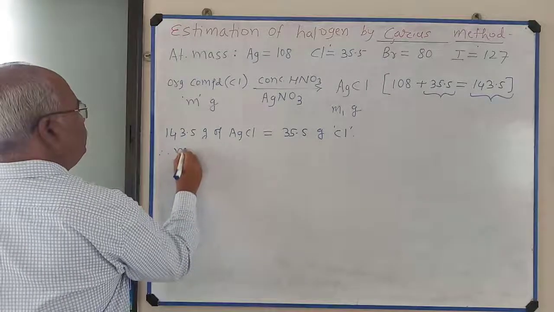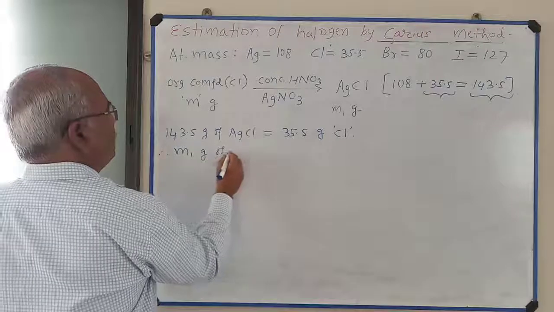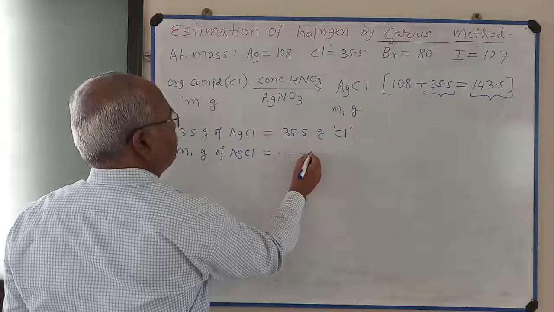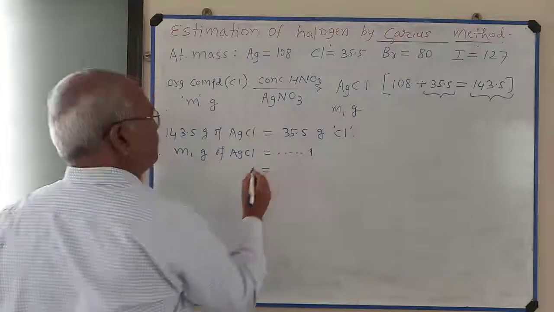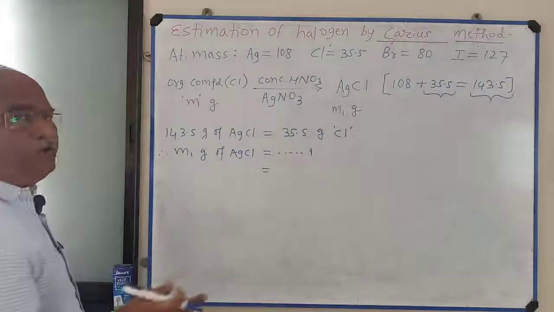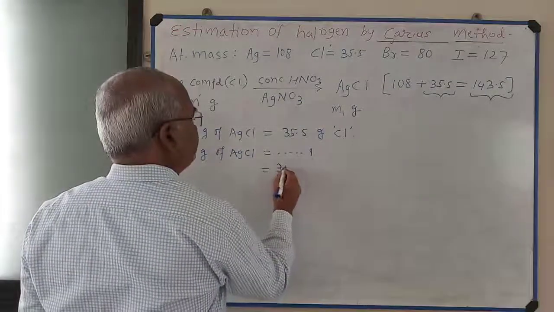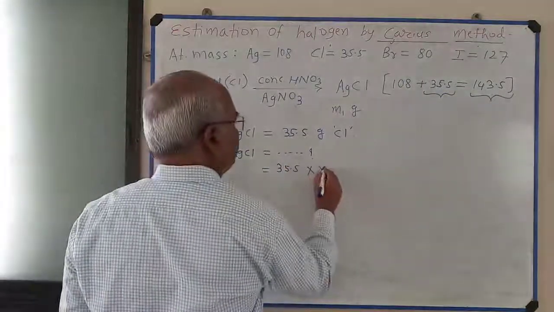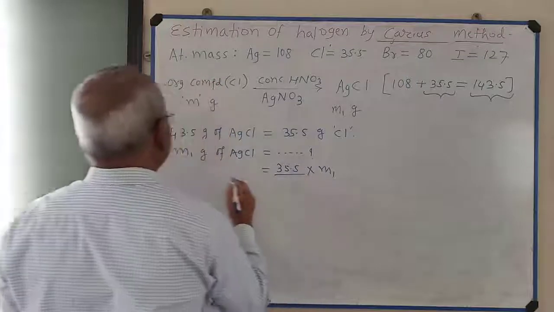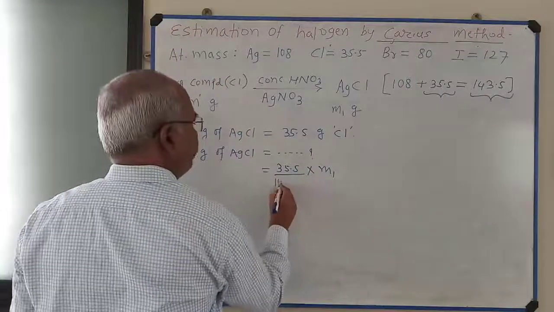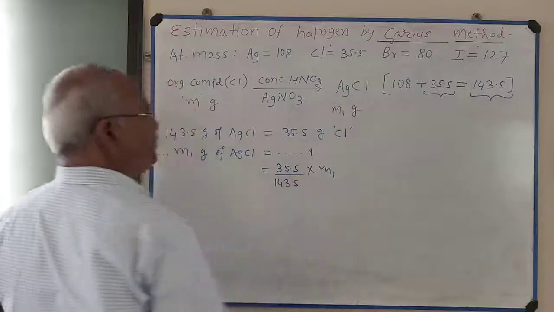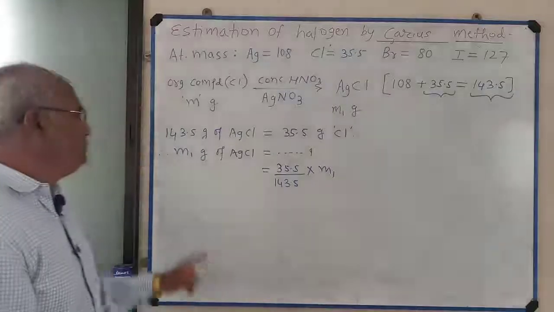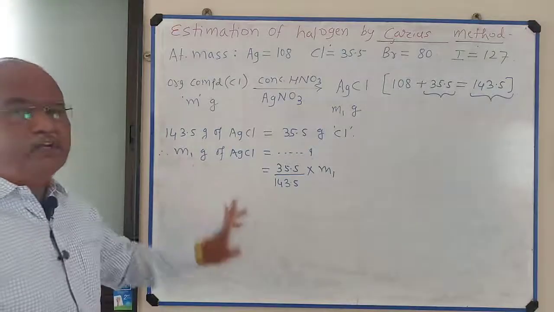Therefore, m1 gram of AgCl is equal to, by cross multiplication, 35.5 into m1 divided by 143.5. So this much amount of chlorine is present in m1 gram of compound.